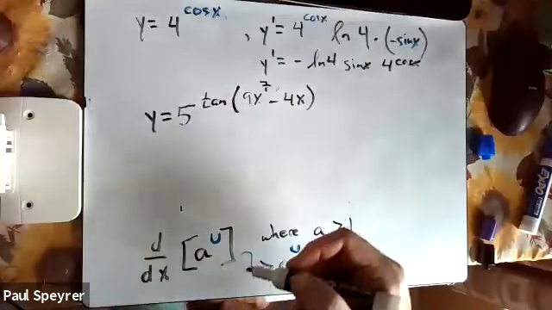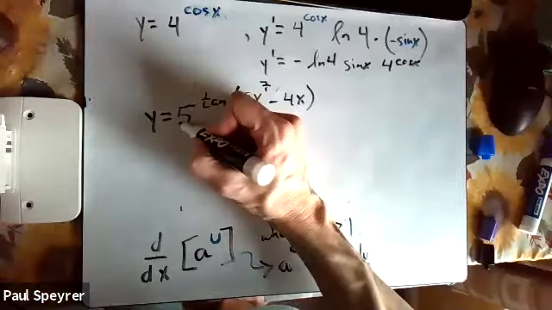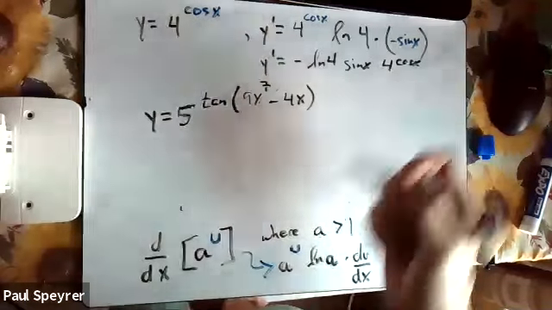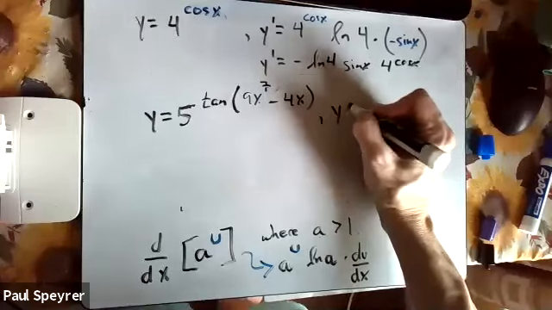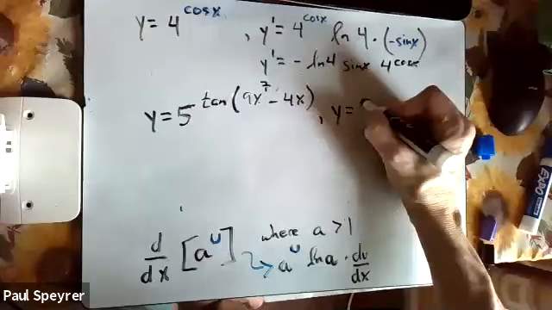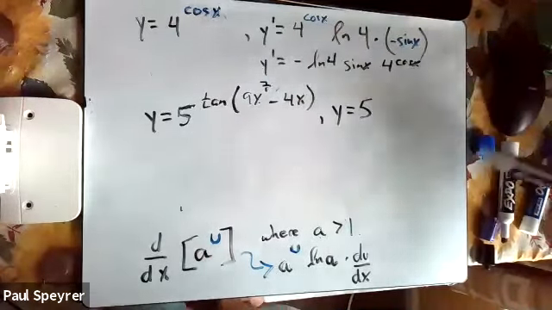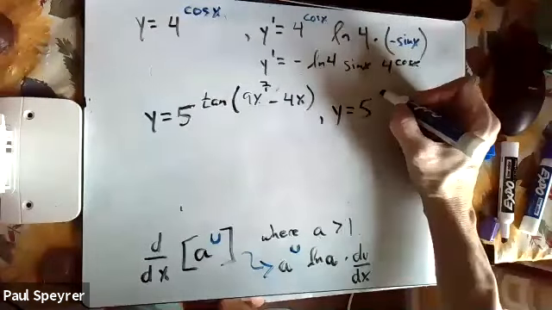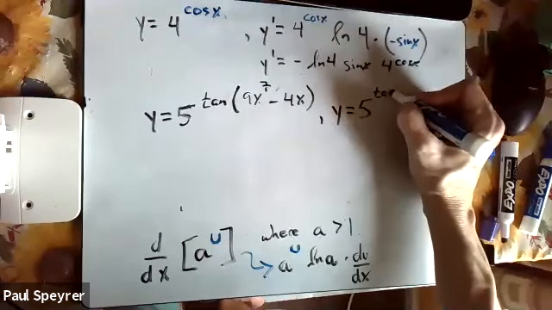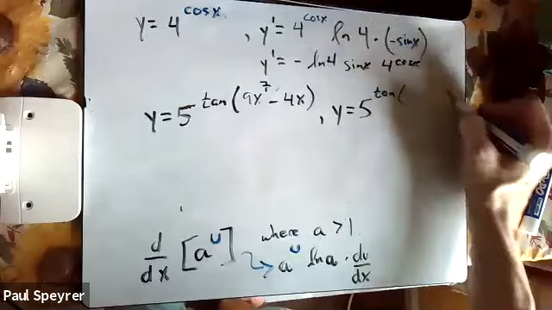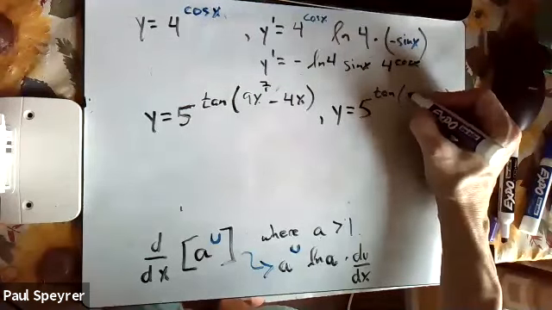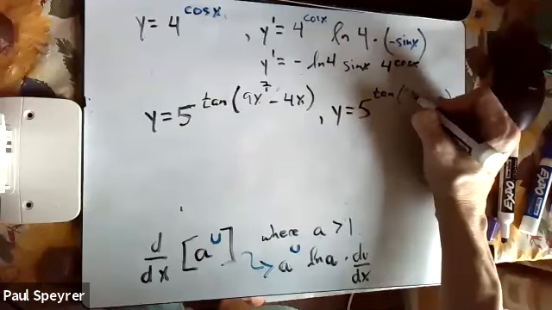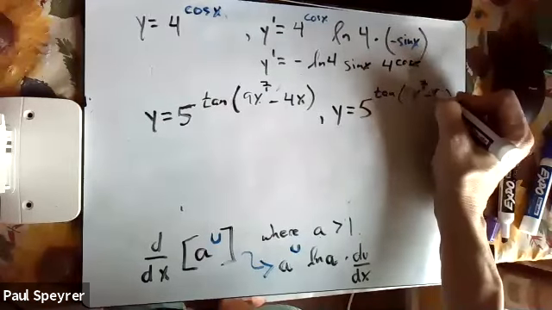Something weird like that right there. So how are we going to do that, right? If you want, we can use the different colors again. Like we're going to have 5, and then to the tangent of 9x to the 7th minus 4x.